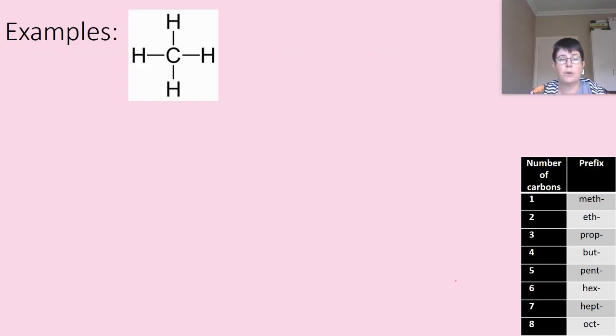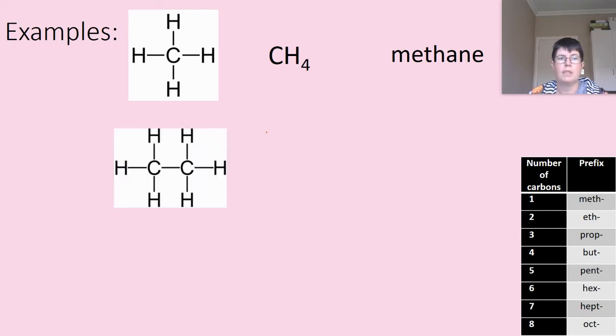So this is the first alkane. It's only got 1 carbon and 4 hydrogens, so it's called methane. The next one has got 2 carbons, 1, 2, so it's C2, and 1, 2, 3, 4, 5, 6 hydrogens, so it's ethane.